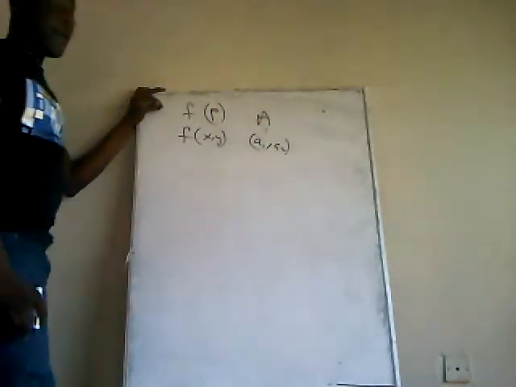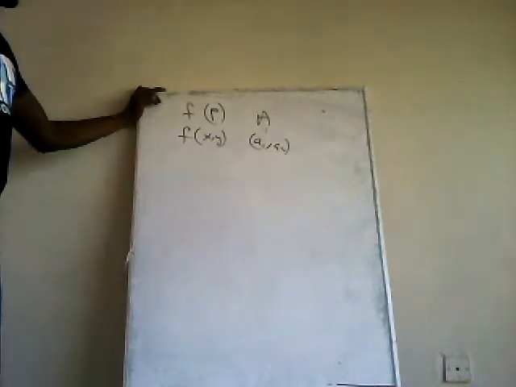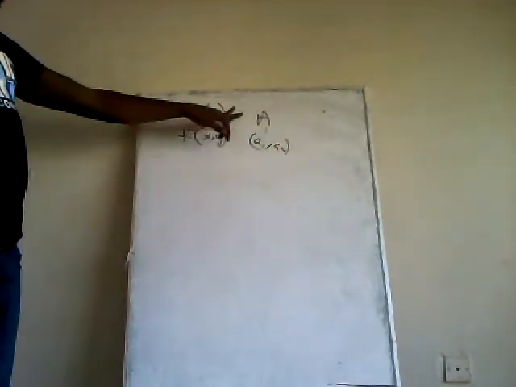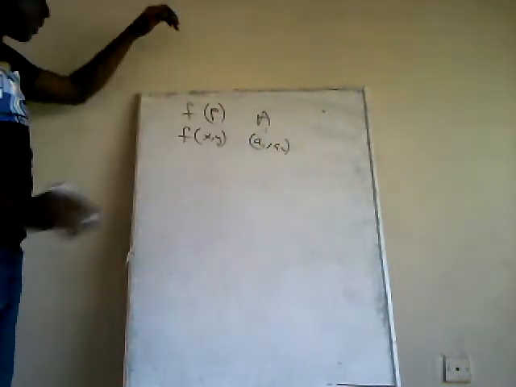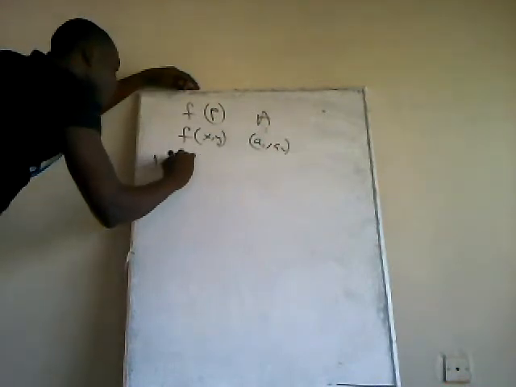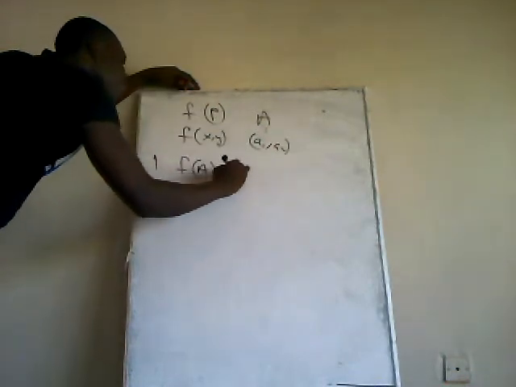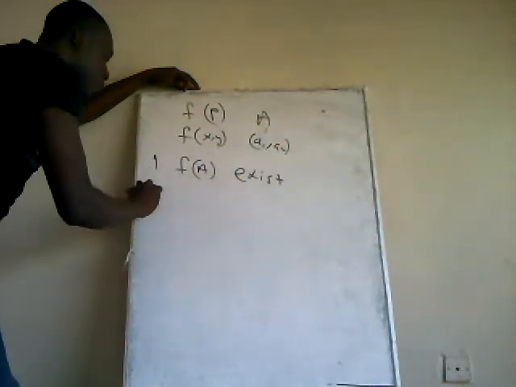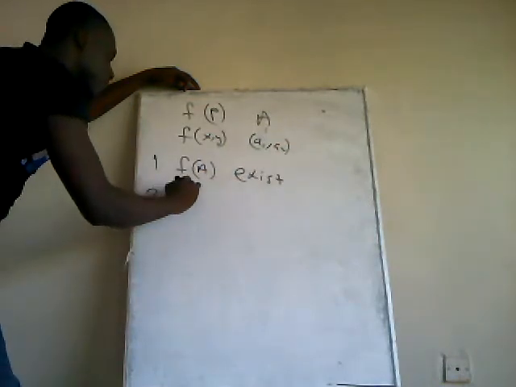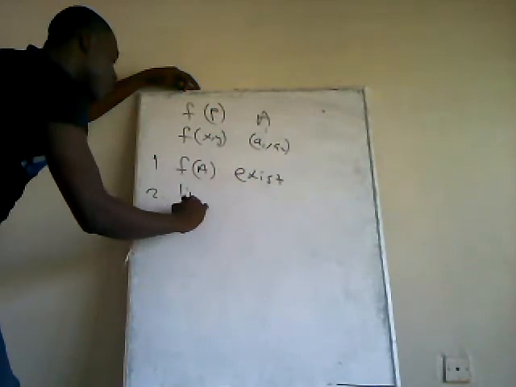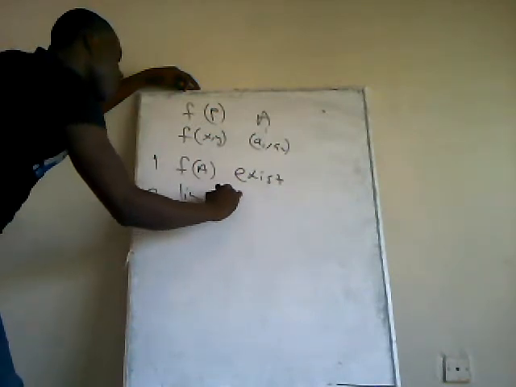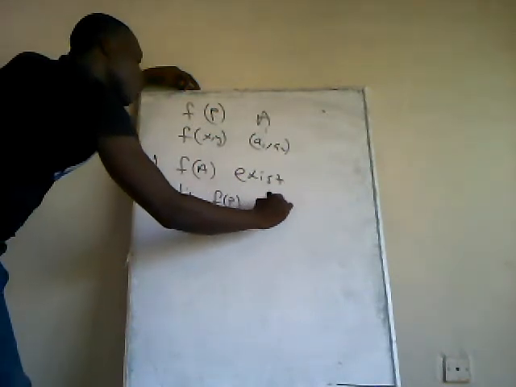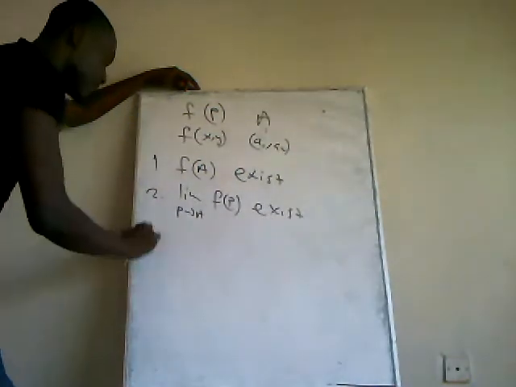All right. Now, a function f of p is continuous at the point a. One, if f of a exists. Number two, if the limit as p approaches a of f of p also exists.